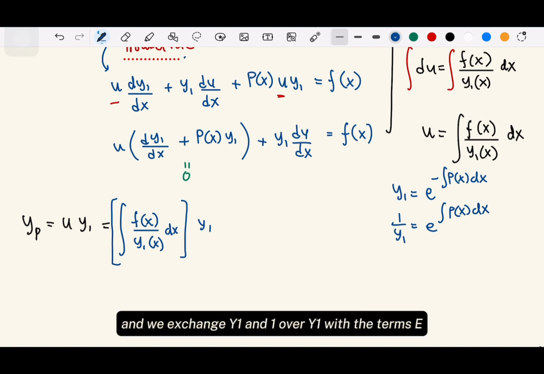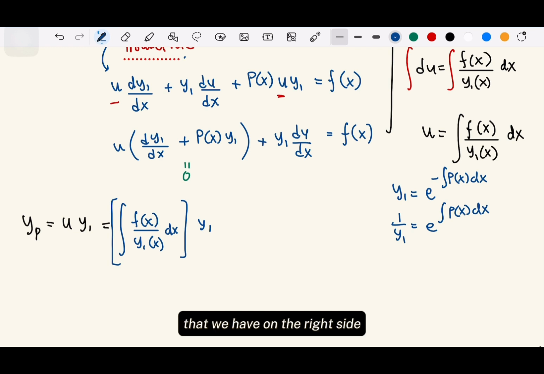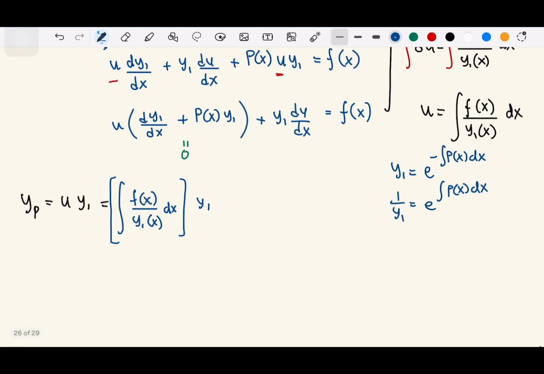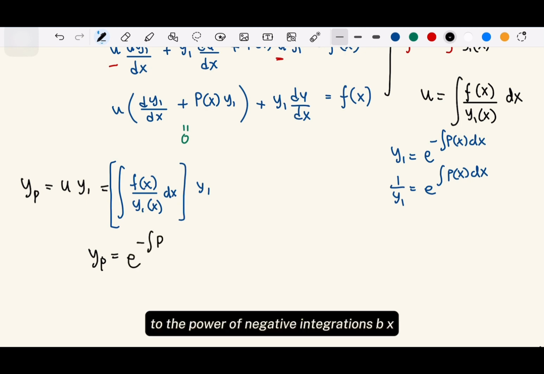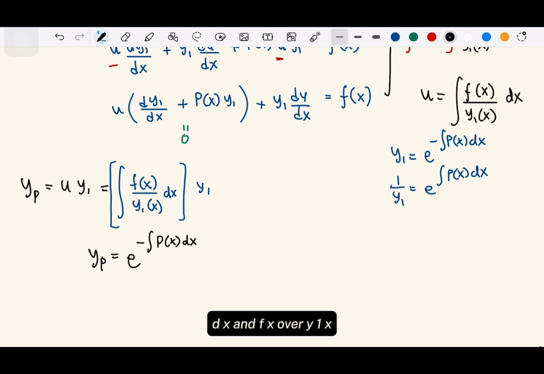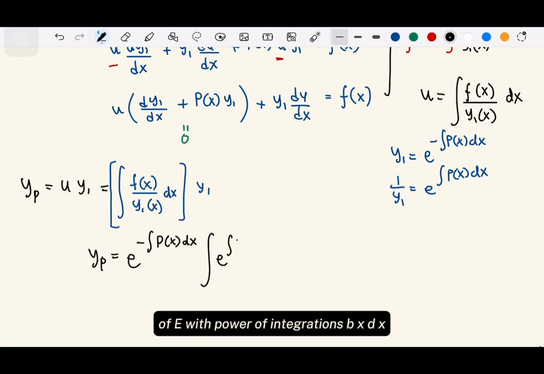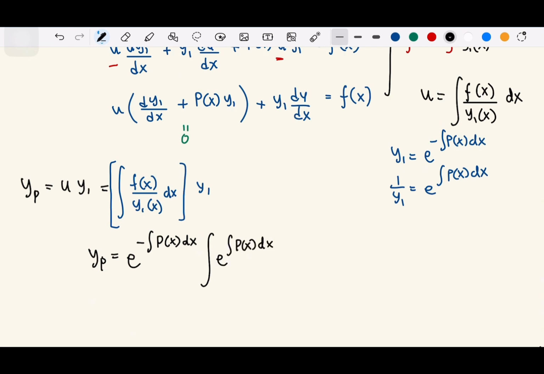And we exchange y1 and 1 over y1 with the terms e that we have on the right side. Okay. So yp equals: y1 is e to the power of negative integration p x dx. And then f x over y1 x, this will be the integration of e with power of integration p x dx, f of x, and then dx.